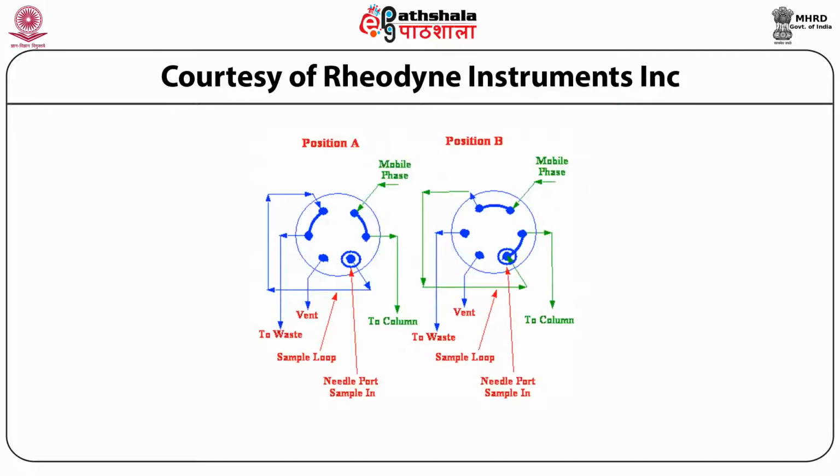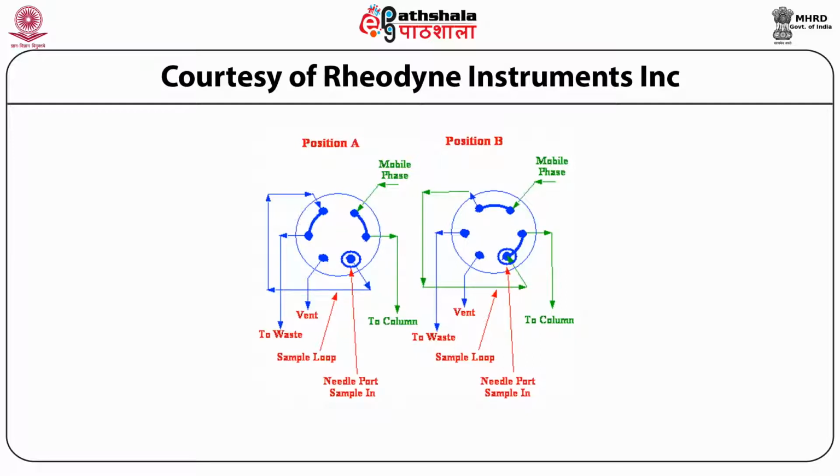This figure explains the functioning of an injector port of an ion exchange chromatograph. When the port is in position A, the sample is injected, and when the sample needs to be pushed into the column system, the valve is rotated to position B, where the mobile phase flushes the sample into the column.